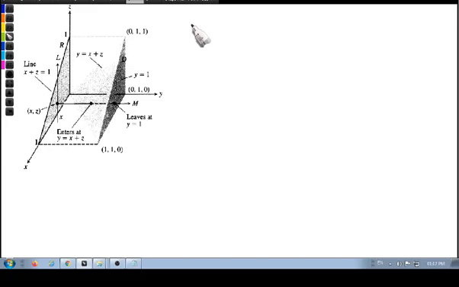If you know a normal to the plane and a point through which the plane passes, then you can find the equation of that plane. So one point is 0, 1, 1. The plane passes through this point, so this can be taken as P naught, 0, 1, 1.